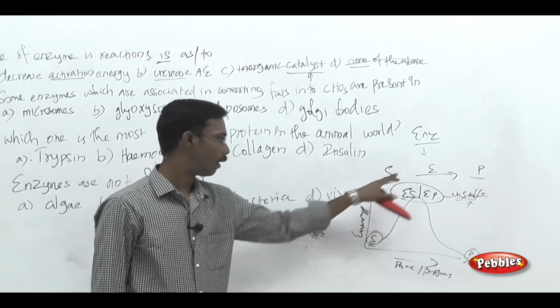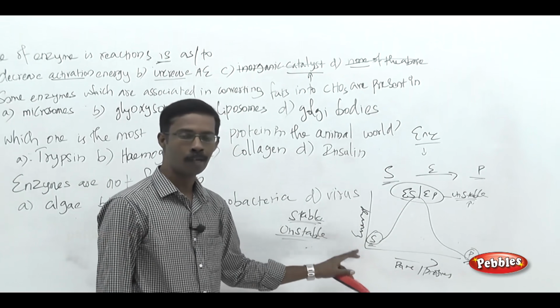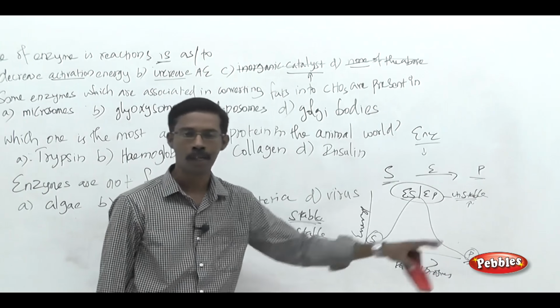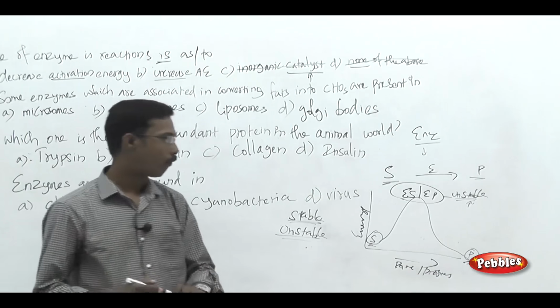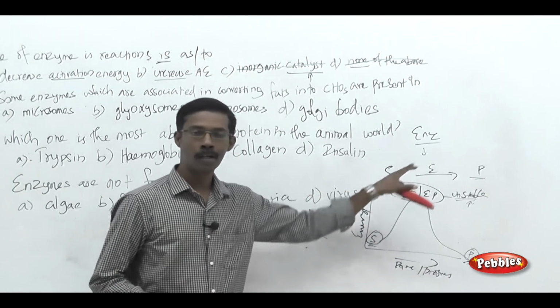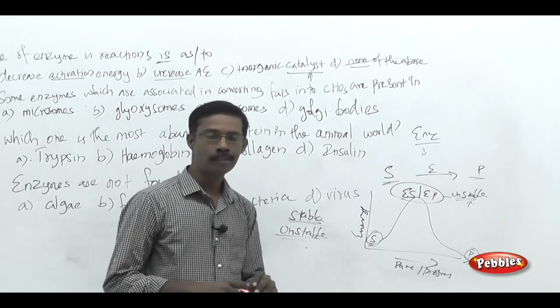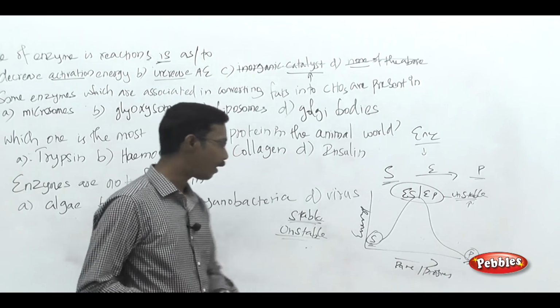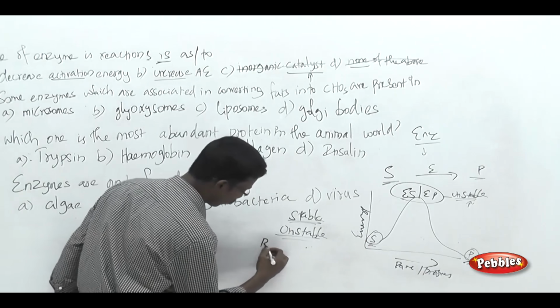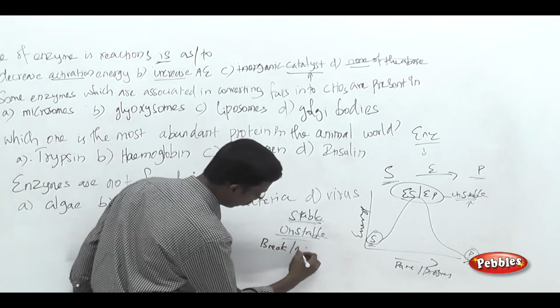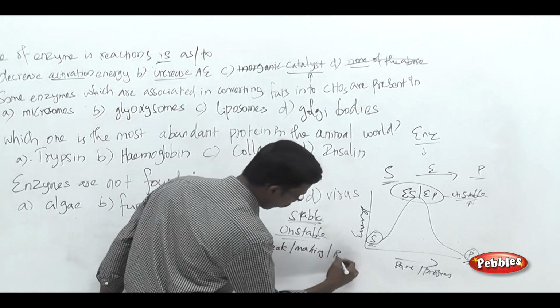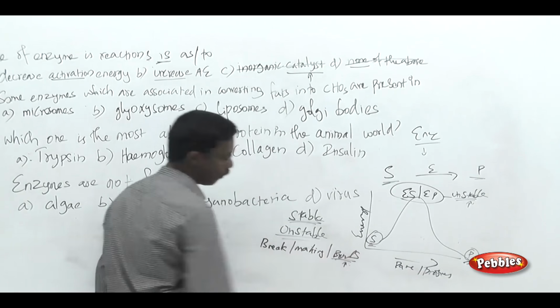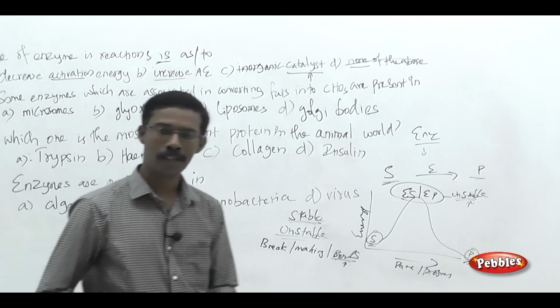The enzyme binds with the substrate, or the substrate diffuses into the enzyme molecule, and it will form an enzyme substrate complex. Then the enzyme changes the bonds, making or breaking the bonds. That is what we call the enzymatic action.